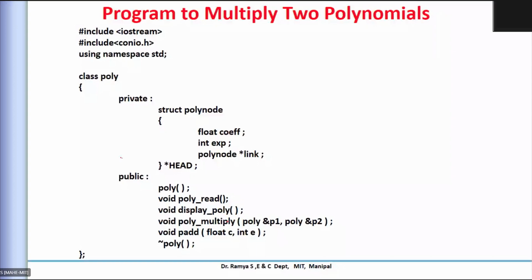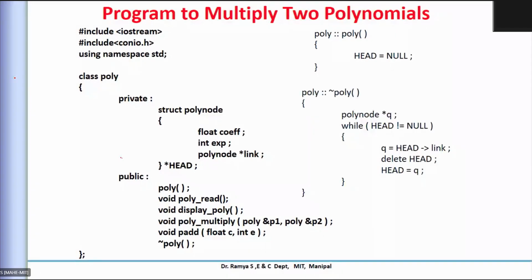Again, remember we are sending the address. This is important: whenever we create, we have to put a null in that. This is your constructor. The destructor is needed since we created new nodes, so we have to remove all of the things.